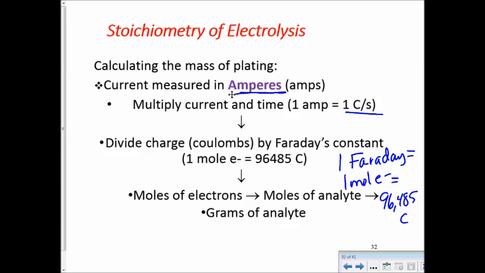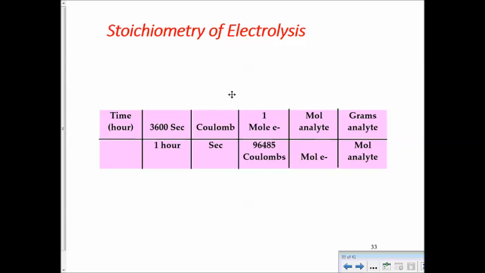Another little point to make. Sometimes it's phrased that way. But at the top of your paper where there's more space, you can write down the T-chart. I set it up for you so you can see how it's going to go in one big flow. You're going to put your time, and they usually give you time in hours or minutes, of course, because they want you to do that extra conversion to seconds, right?